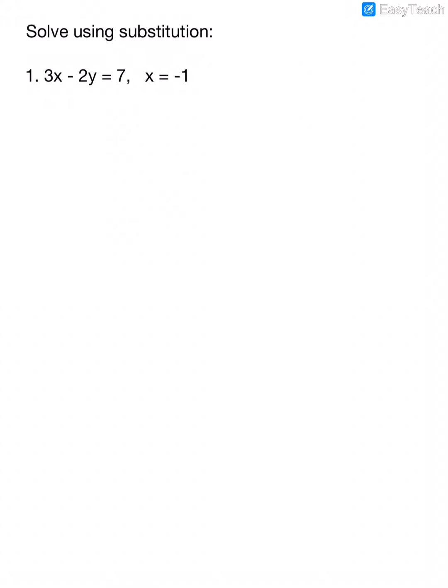Let's solve this system of equations by using substitution. If we look at the two equations that we have here, the second equation is just x equals -1. So the variable x is already by itself in this second equation. So we can go ahead and take -1 and substitute it into the other equation for x.